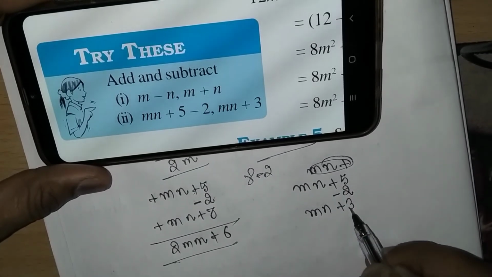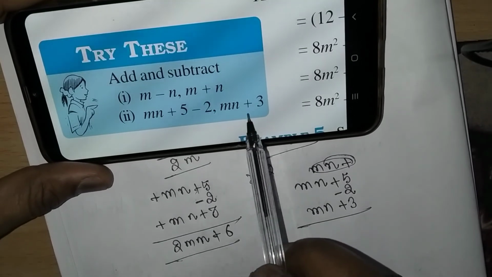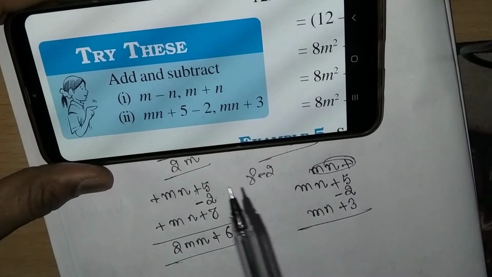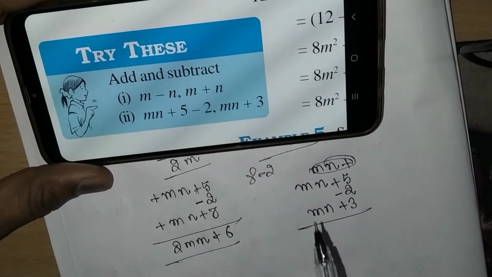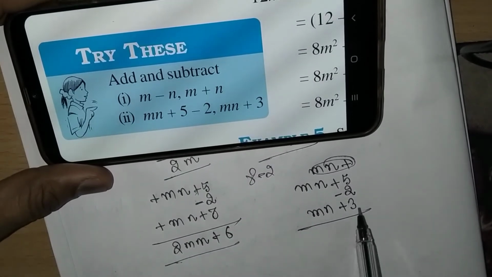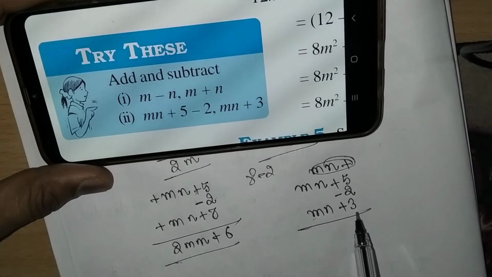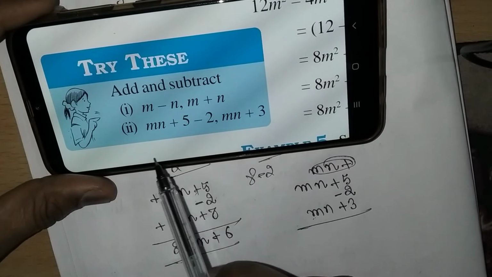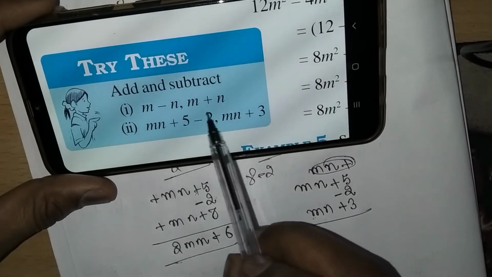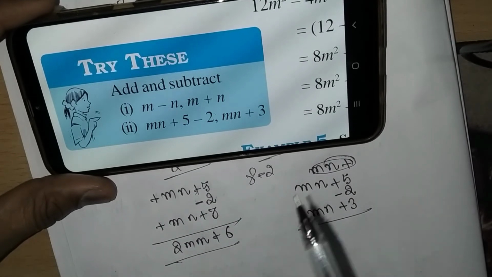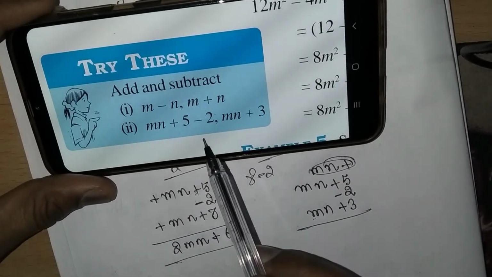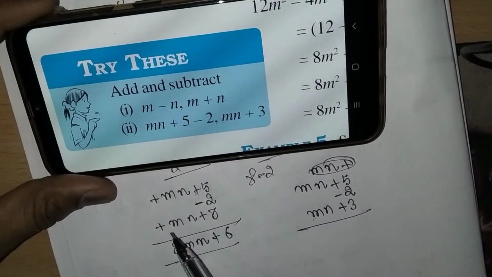mn plus 3. If you are subtracting this binomial from this, then we will take this below and we will change the sign of these both terms. But if you are subtracting this from this, then we will take this one below, and we will convert the sign of these three terms.